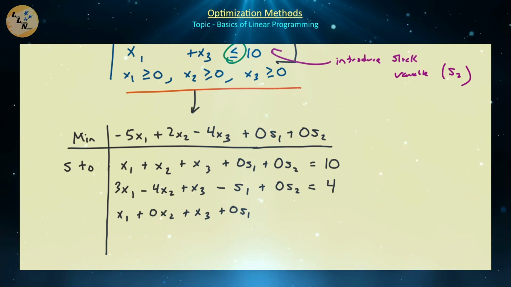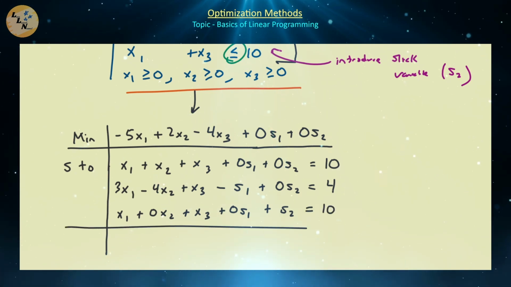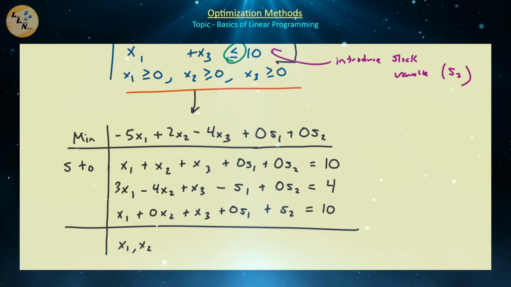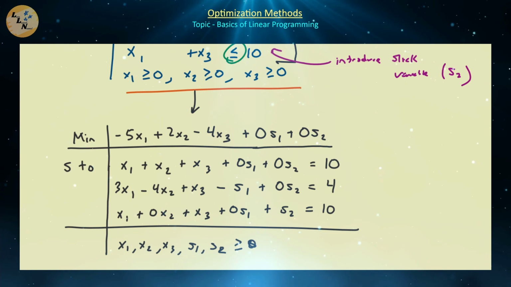We're introducing our slack variable into the second equation. That's where our S2 is introduced, and that was equal to 10. And then we have our restrictions on x1, x2, x3, s1, and s2 all greater than or equal to 0, right? So that is our new system.